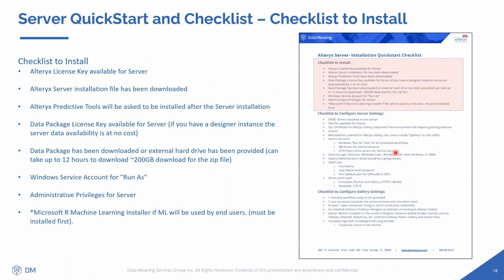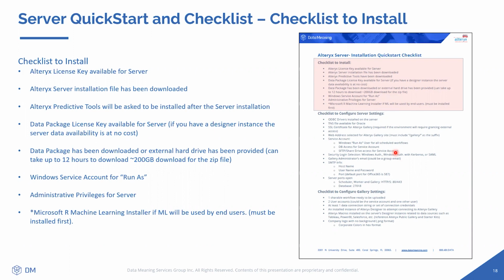So you're going to have to purchase some extra data packages, and then you need to make sure that you have the correct licenses and correct files downloaded for those extra packages. Be careful that the business insights is a file with over 200 gigabytes, right? So you're going to have to download that and install that. So you're going to have to make sure that you have enough space and everything.